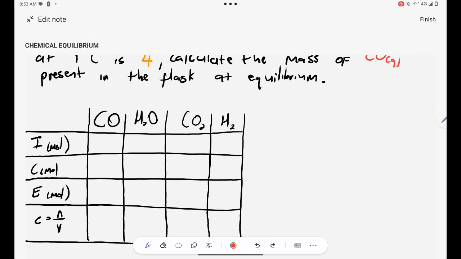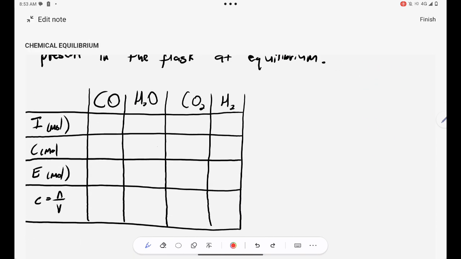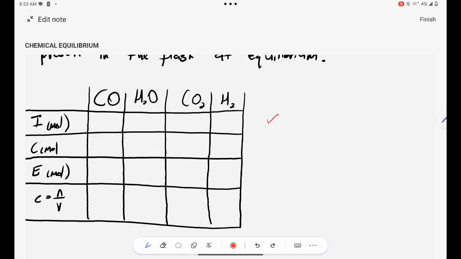Obviously, guys, we are going to draw our table over there. The first row, we just have our initial number of moles, and then the most important row, which is the second one, that's where we'll find the number of moles that we used and the number of moles that were produced. Are you together? Remember that we use our reactants to form products. That's why we will subtract from our reactants, but we will add on our products.